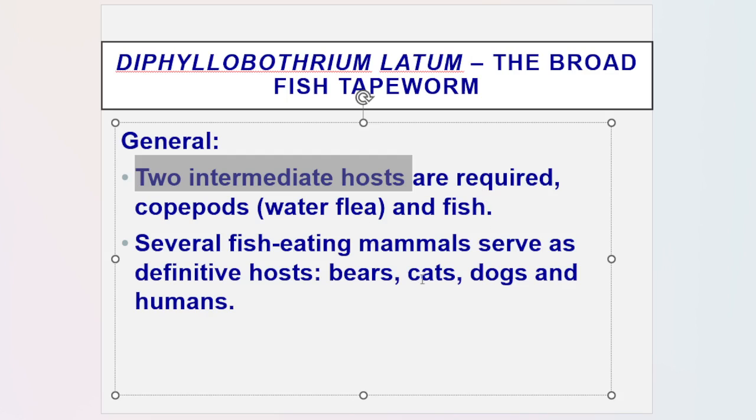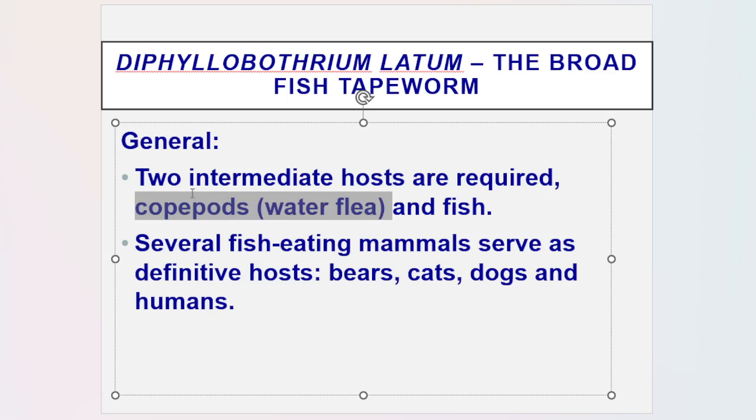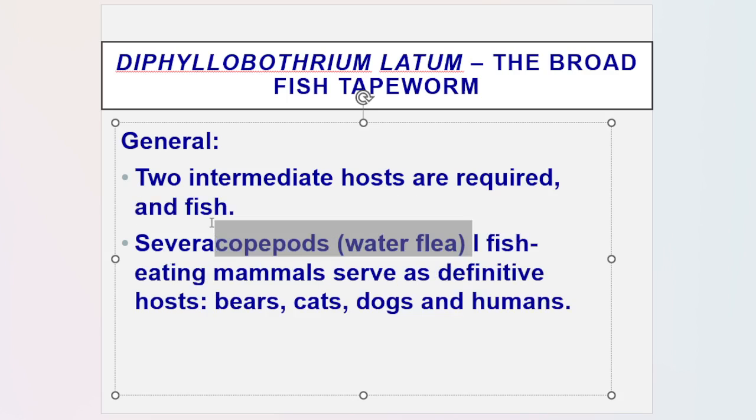Pero pag sa mga flukes, sino naman yung black sheep sa flukes? These are the Schistosoma. Pero pag cestodes, this is the Diphyllobothrium latum. Okay? So two intermediate hosts are required, fish at saka water flea, copepods.